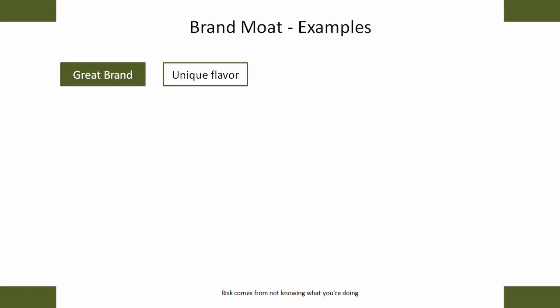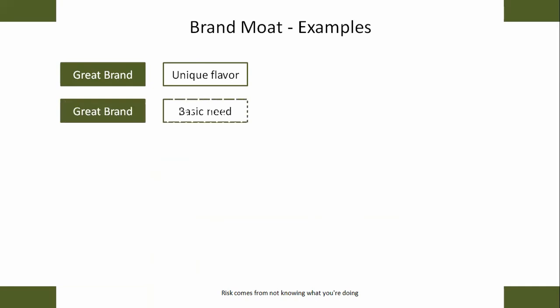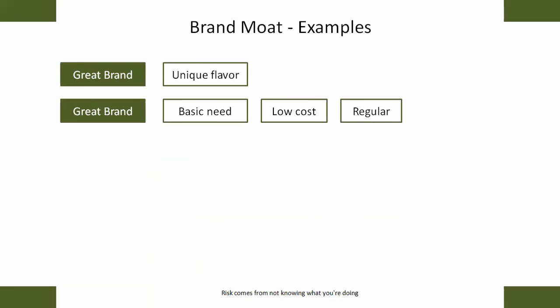For example, chocolates, sneakers, or it could be tea or coffee, right? So people prefer the same flavor because they have developed a taste for it. The great brand, it serves a basic need, it is very low cost item, and it's consumed regularly, and it has become reflexive. For example, Coca-Cola.